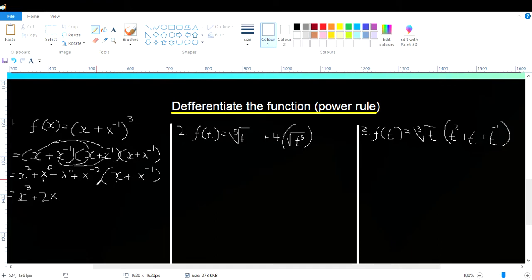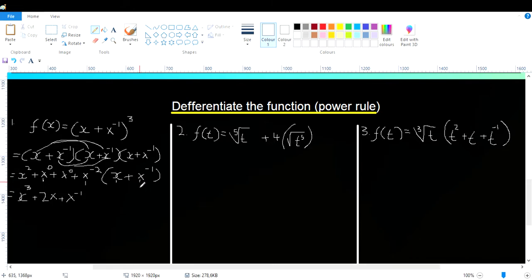x times x to the power minus 2, the answer is equal to plus x to the power minus 1.